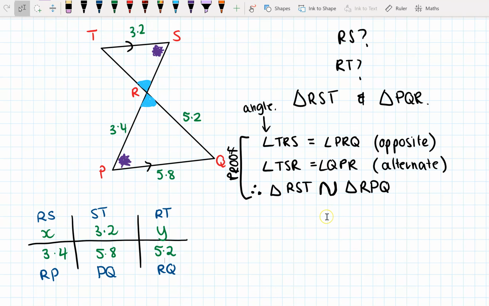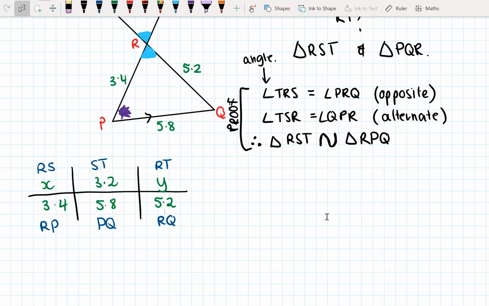Now, you've made your ratio table, you've done your proof. Now we can just use cross multiplication to find what we need. So we have here 5.8x is equal to 3.4 times 3.2. So 5.8x is equal to 3.4 times 3.2, which is 10.88.